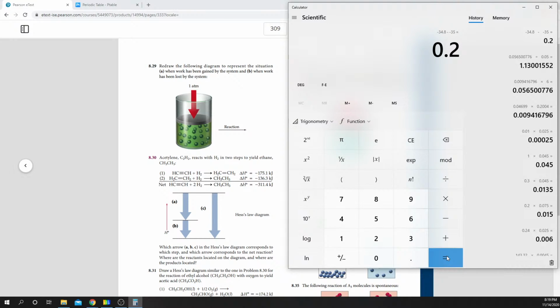Oh, okay. Among other things, I forgot to change it from atmospheres, so it's still divided by P, to 101,325 pascals.